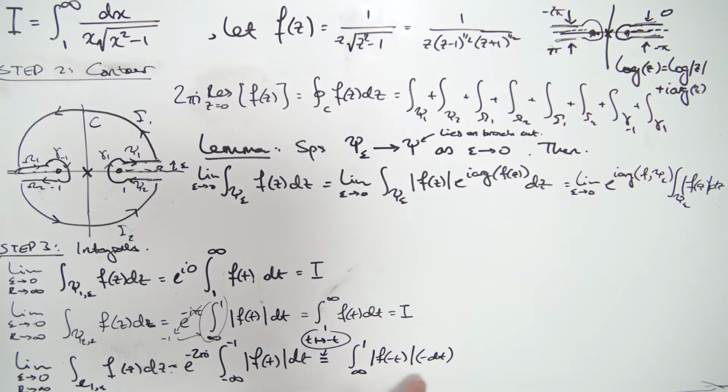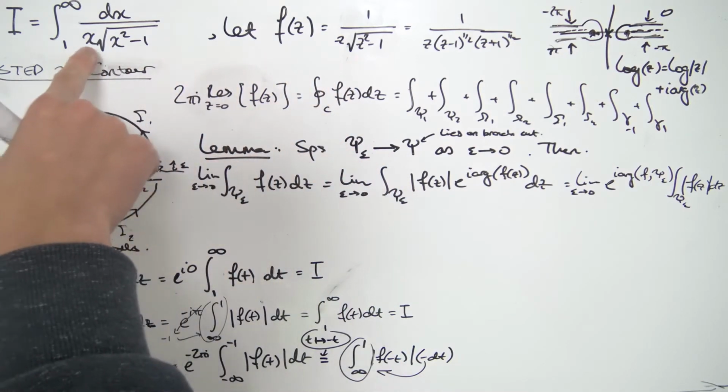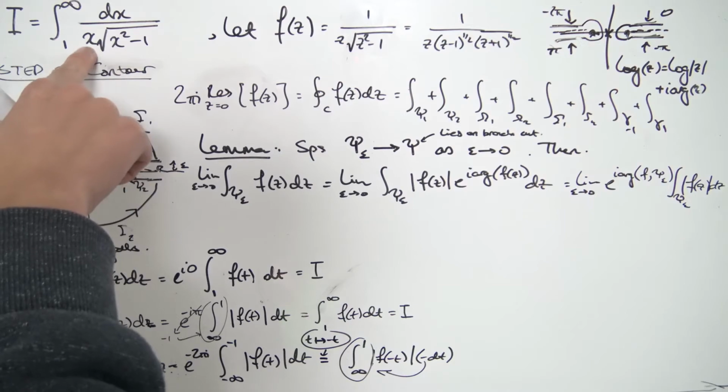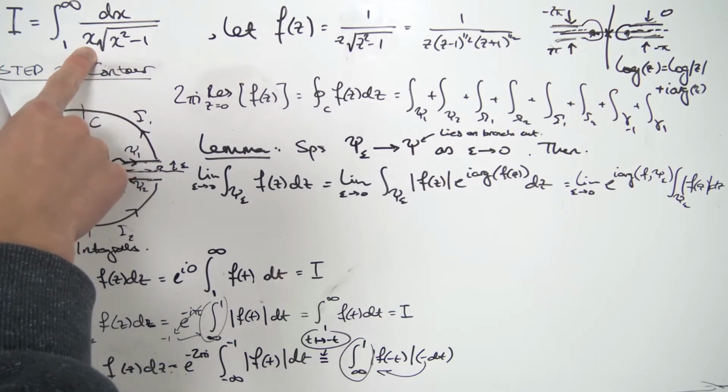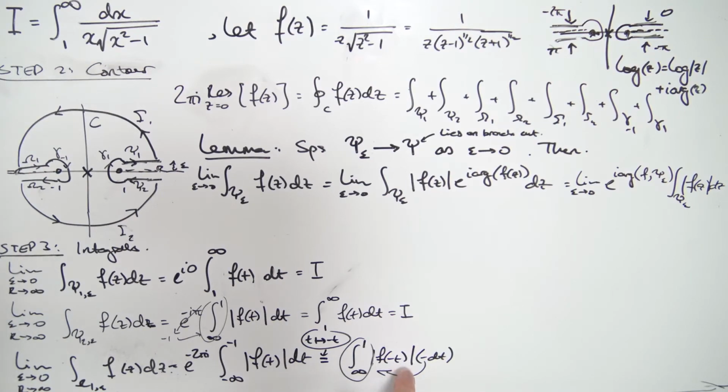Okay, but notice we can take this minus from this differential and distribute it into the integral to switch the bounds. Also, notice that f is an odd function because we have x squared here and we have x. So if you plug a negative x in, you're going to get the negative of the function. So f of minus t, you just bring that minus out to the front. But since we're inside absolute values here, that doesn't really matter.